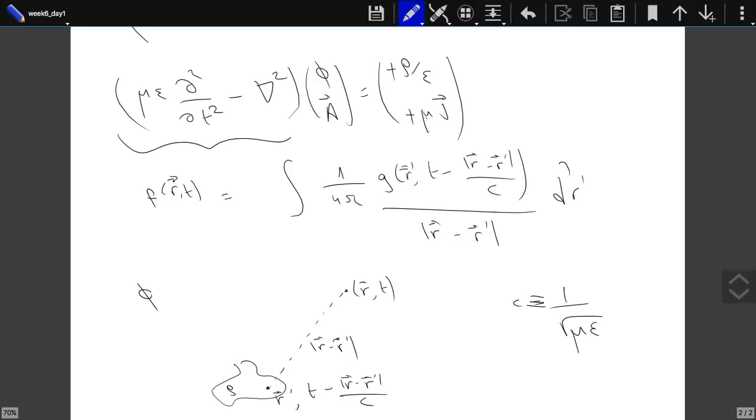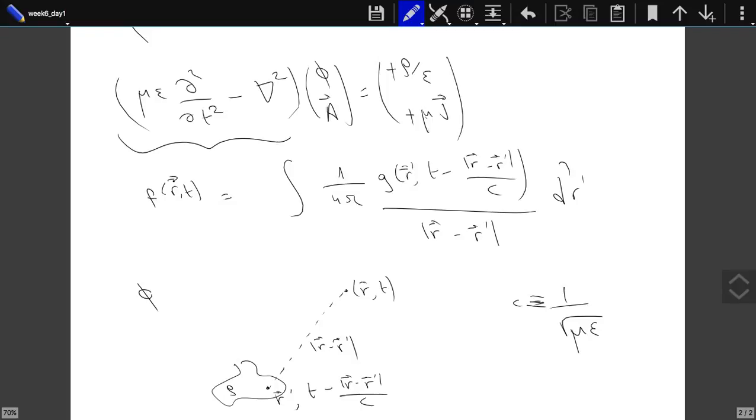So first, where is the position dependence of that integral? You see, the position dependence is over here and also over there. That is something we have to pay attention to.